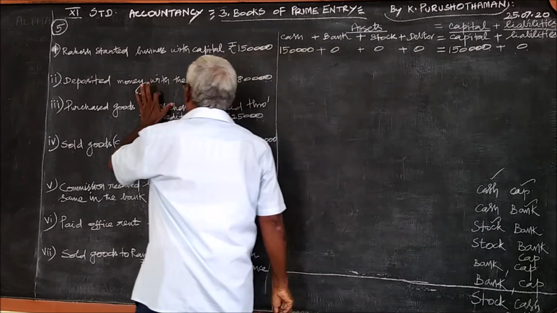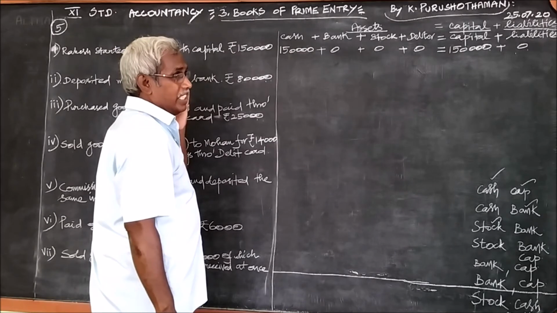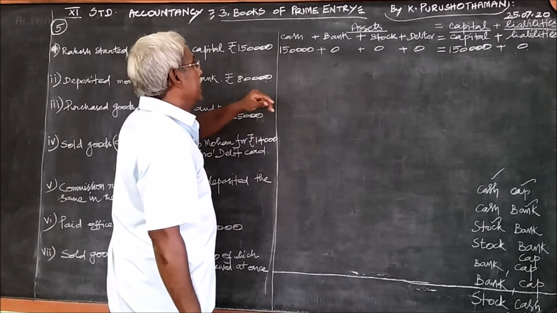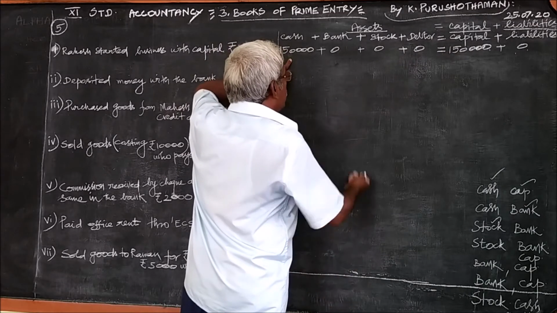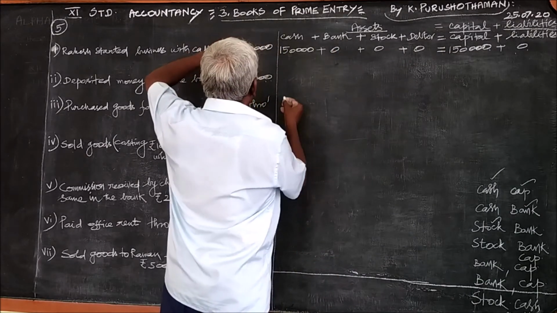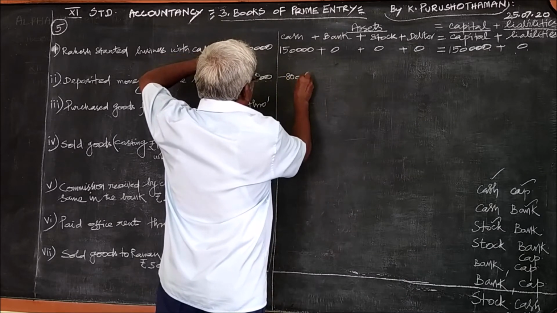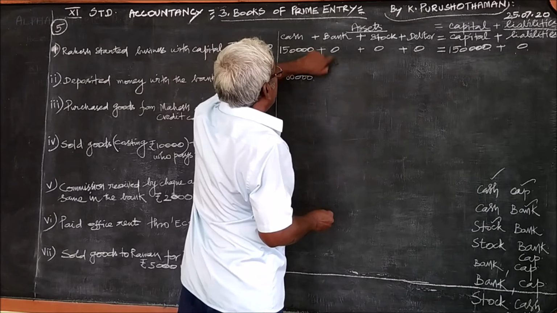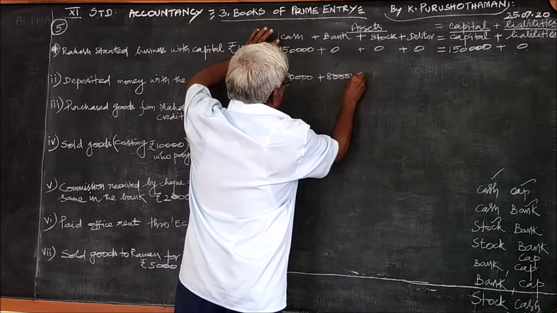Then go to the second one. Deposited money with the bank rupees 80,000. When you deposit the money, you take the cash from the business and put it in the bank. That is, you are paying it into the bank. So how much? 80,000. So from the business 80,000 goes out and it comes into the bank. That is plus 80,000.